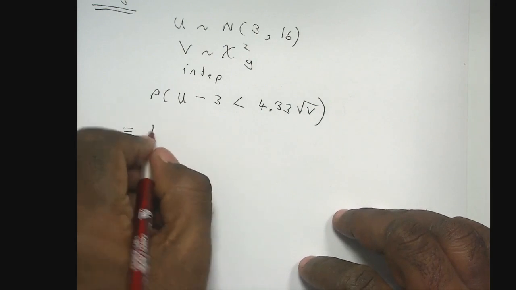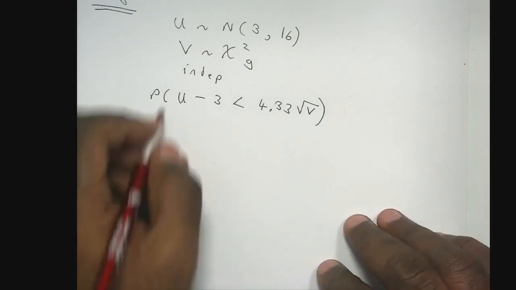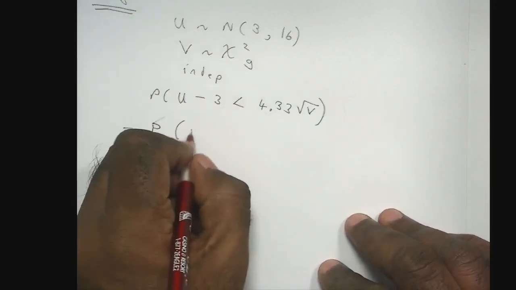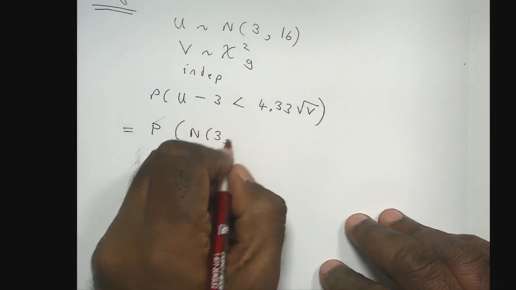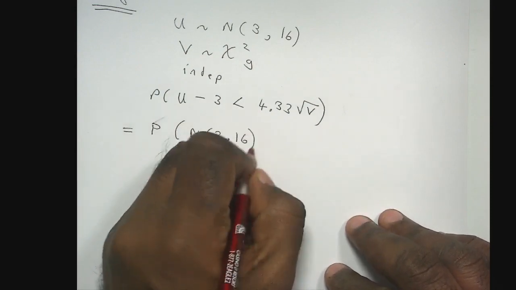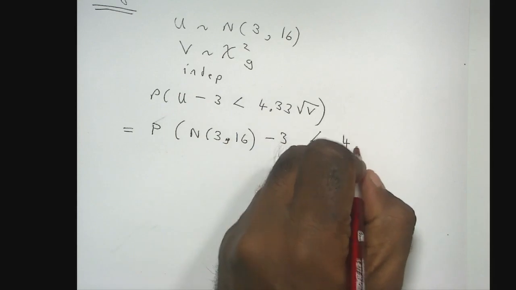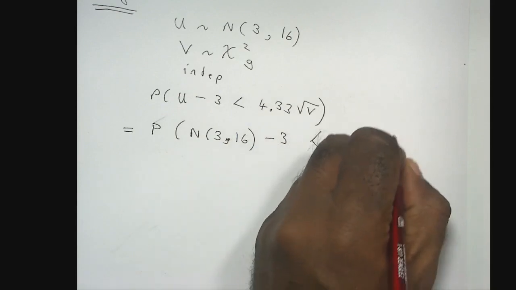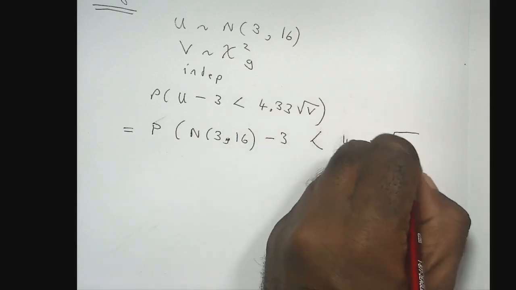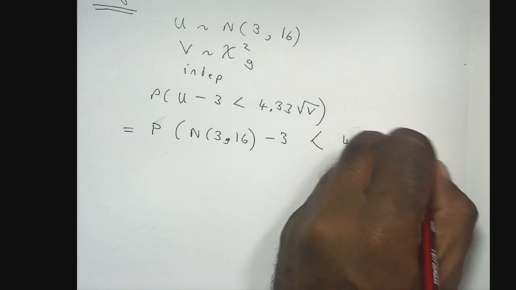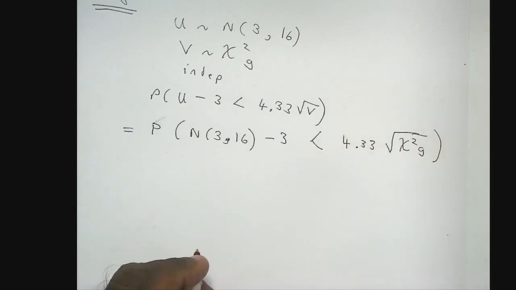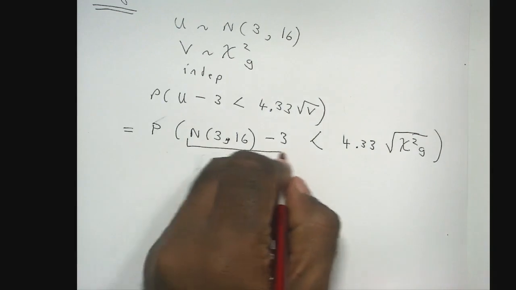Now, to find this probability, we know that U is a normal variable with parameters 3 and 16, so U minus 3 is less than 4 times the square root of a chi-squared variable with 9 degrees of freedom. Now let me ask you, what is this equal to?